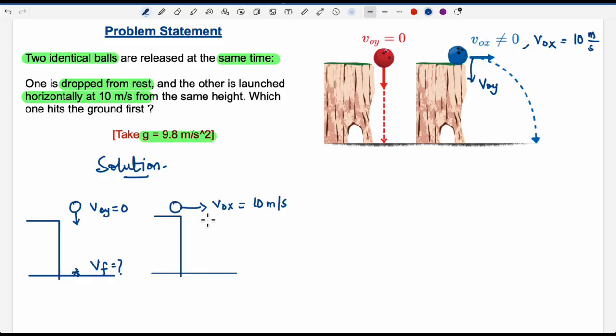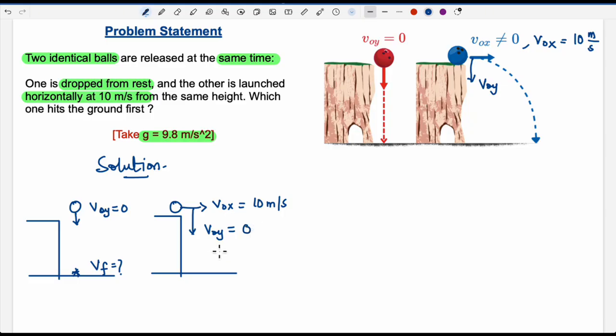However, the interesting thing we have to note is that due to gravitational pull, each of these objects is affected vertically, because we know that acceleration due to gravity acts vertically downwards. So this ball will also start with a vertical initial velocity of 0.